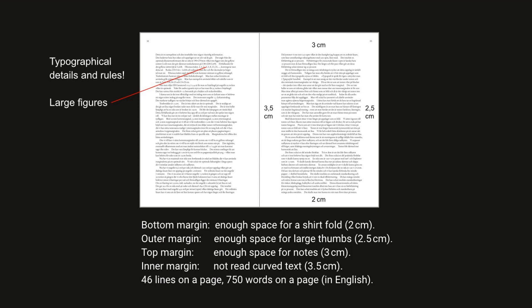Hence, it needs to be 3.5 centimeters for thick books with glue binding. And then it can also be used for thin books with thread binding. Note that we now have a page width of 19 centimeters. We have a thumb margin of 2.5 centimeters, a column width of 13 centimeters, and a no-reading-of-curved-text inner margin of 3.5 centimeters.